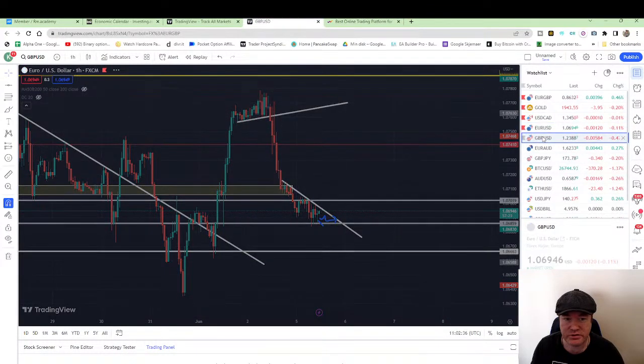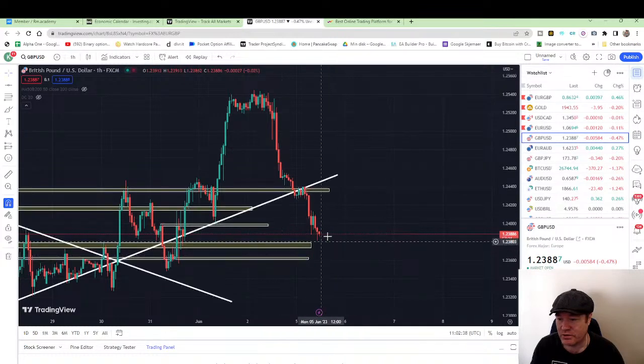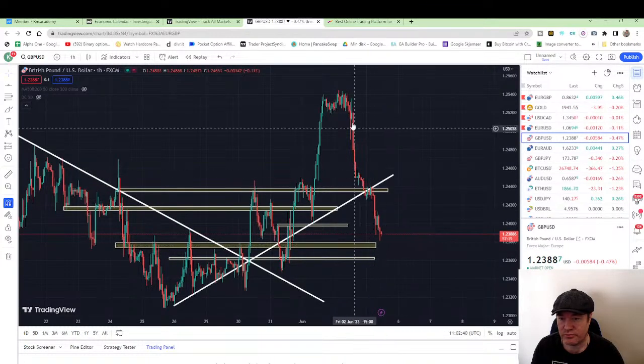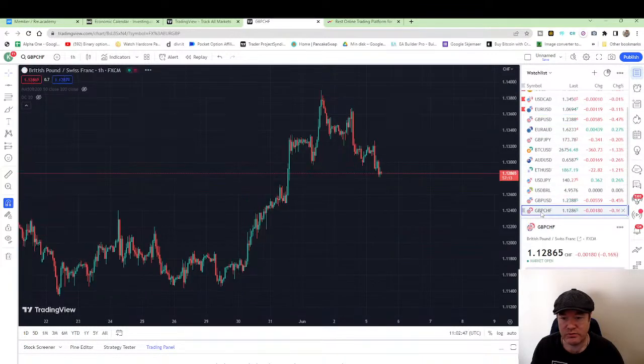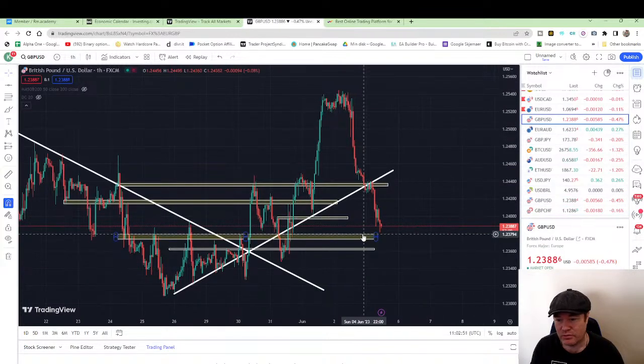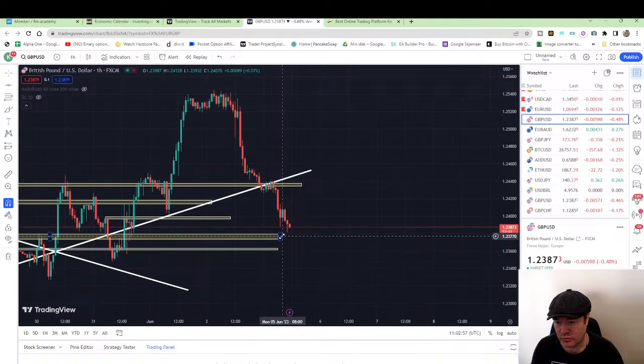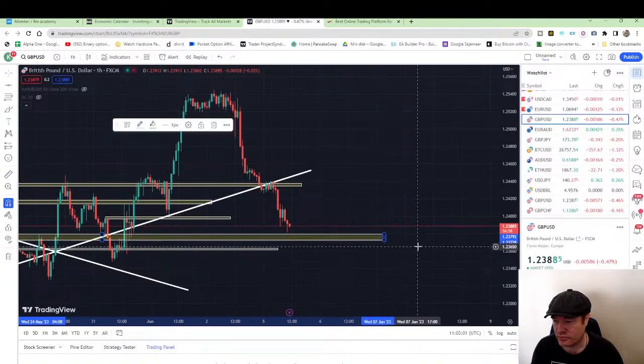So let's take a look at GBP USD. We have a steep drop for GBP USD. Guess we have that here also. Not so much. Here we do have a very strong support.